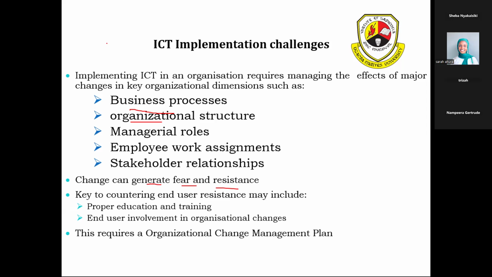One of the ways we do that is proper education and training. You see, we focused on the training policy. It's part and parcel. So training, communication, educating individuals really helps a lot. Then we also want to involve our end users in the change process.